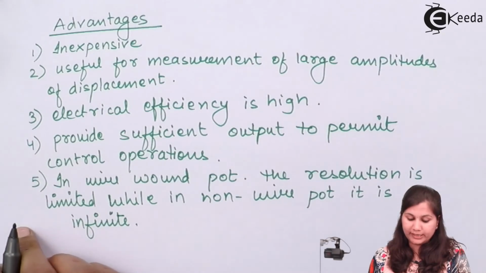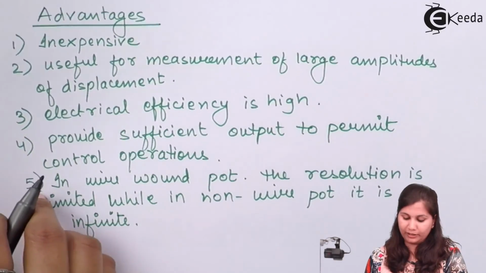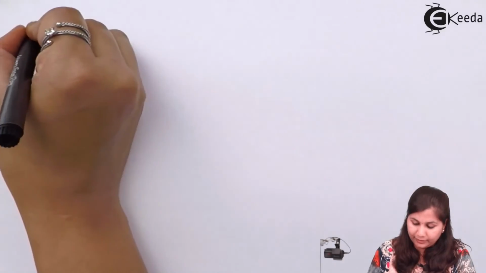If we talk about disadvantages, the main disadvantage of the resistive potentiometer is that in a linear potentiometer, a very large force is required to move the sliding contact.